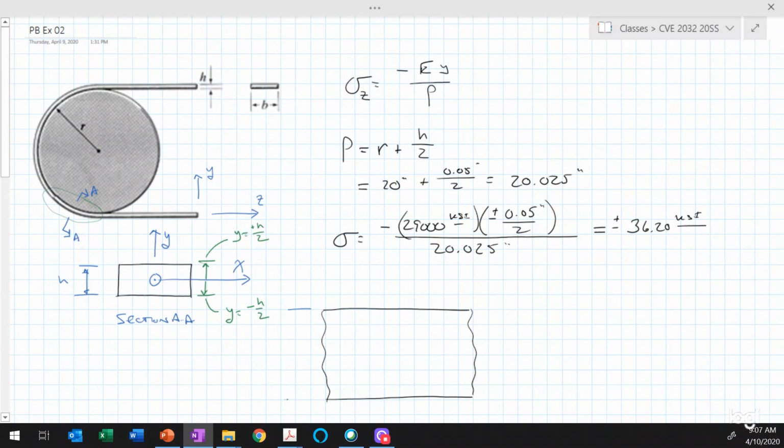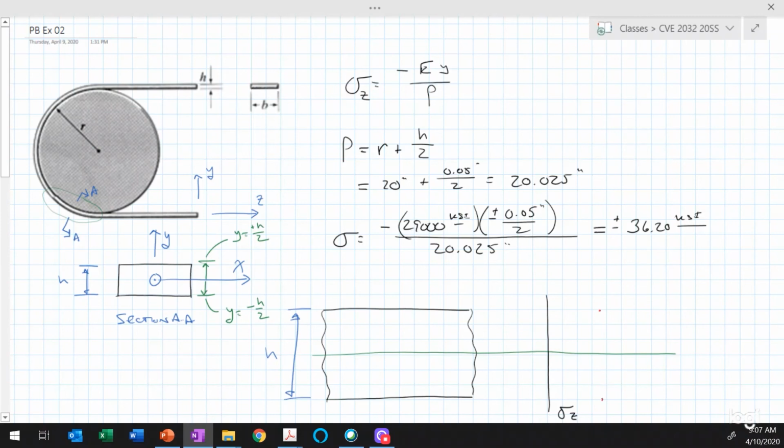So this is the height h, and the neutral axis is at mid height because it's a rectangular cross section. And then what I can do is plot the stress sigma, and it's sigma sub z. So we go out here, I'll take a scale of say 10 KSI per square. So 10, 20, 30, 36 KSI right about there.